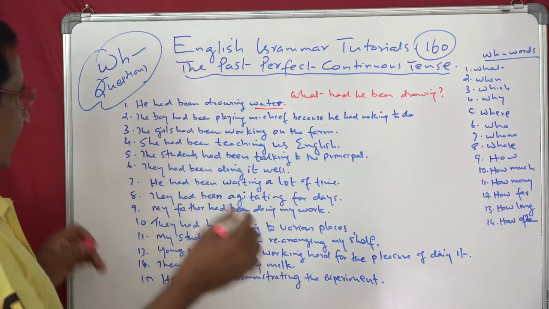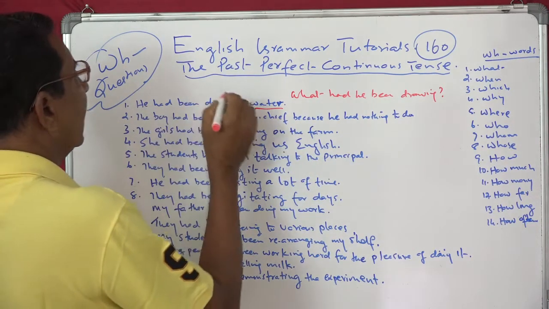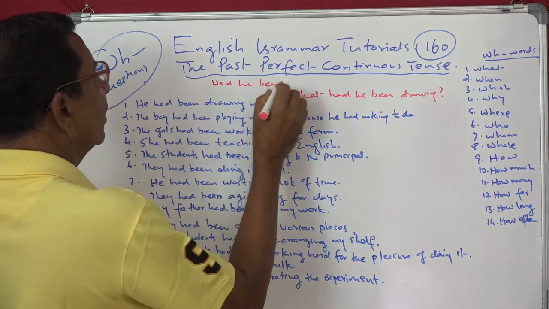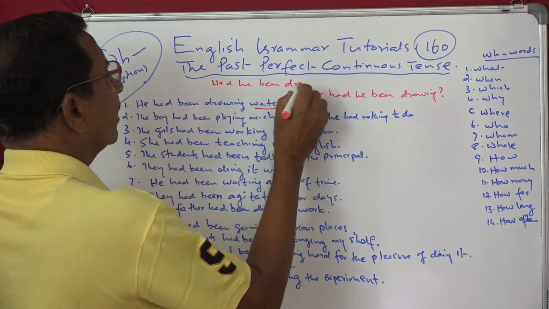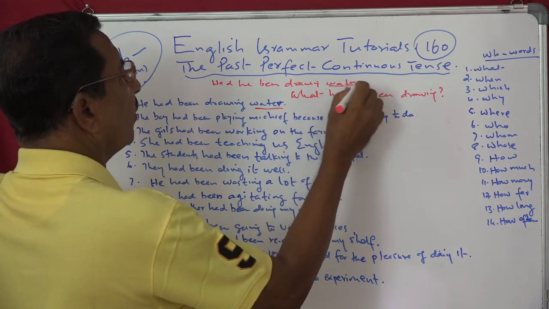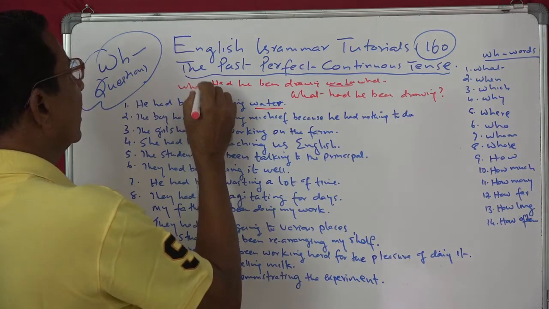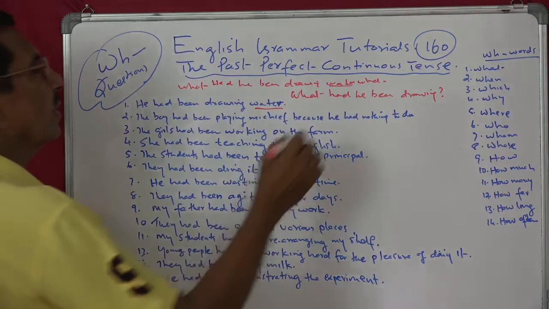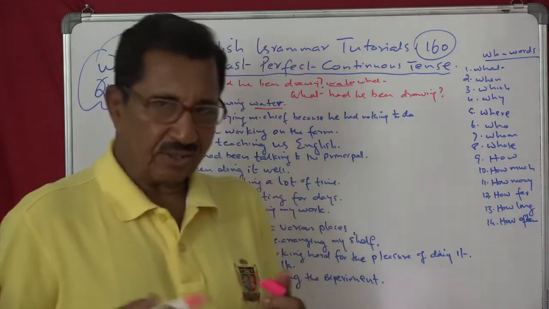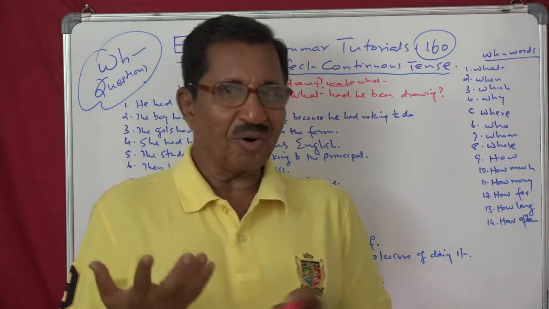In that case, first you have to say like this: had he been drawing water. Then instead of water you put what and bring what here. What had he been drawing? And then the question word here. We have been doing it, so I think that if I do it again, you will get bored.